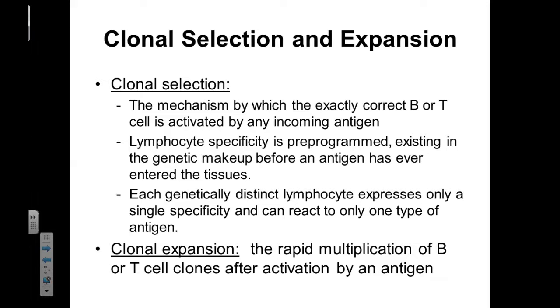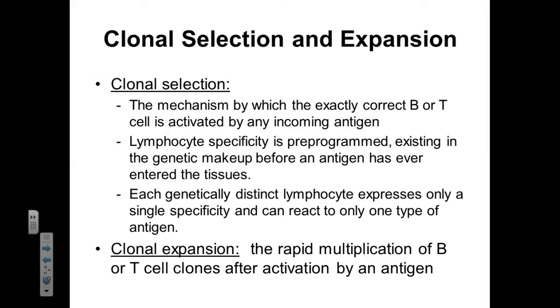As our T and B cells are produced, we'll go through the process of clonal expansion and clonal selection. Clonal selection comes first. This is how we figure out which T cells and B cells belong in our body and which T and B cells should be reproduced and which should be destroyed. This mechanism is going to help us determine exactly the correct T and B cells that can be activated by incoming antigens.